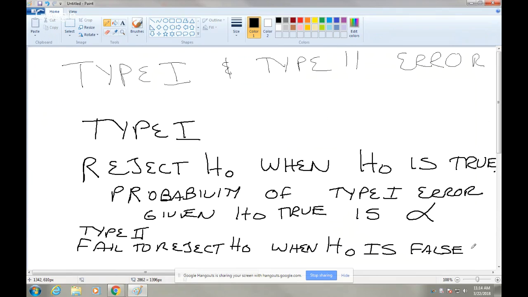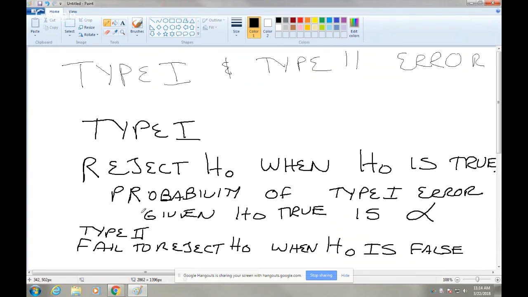Second, you can fail to reject the null hypothesis, and in fact, the null hypothesis is true. No error there either. The other two possibilities: you can reject the null hypothesis even though it's true. That's called type 1 error. So type 1 error always involves a rejection, just a rejection when it's not true.